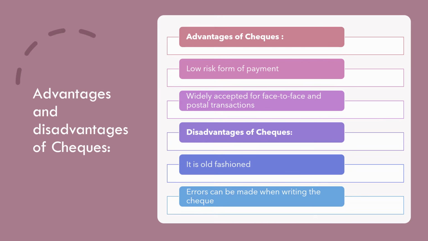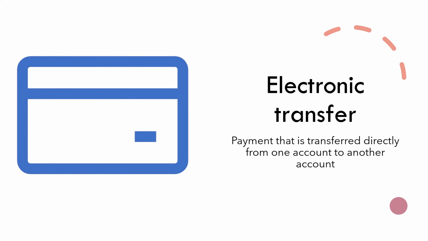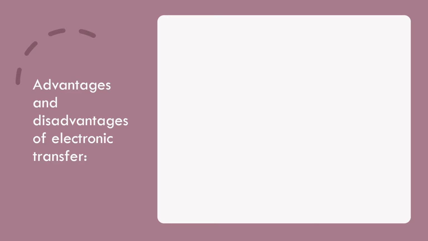For example, you could make an error about how much money should be given, or you could make an error about the amount of money that needs to be transferred. Electronic transfer. Electronic transfer is payment that is transferred directly from one account to another account.